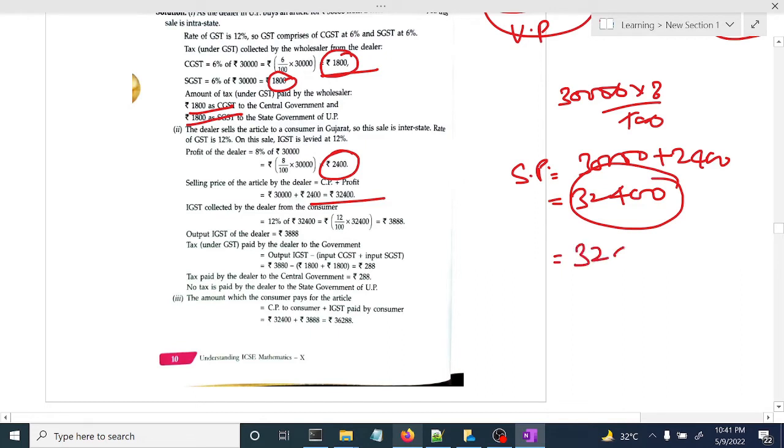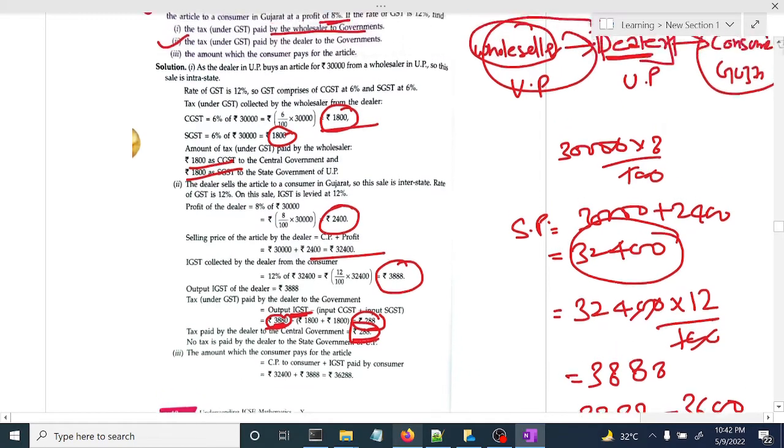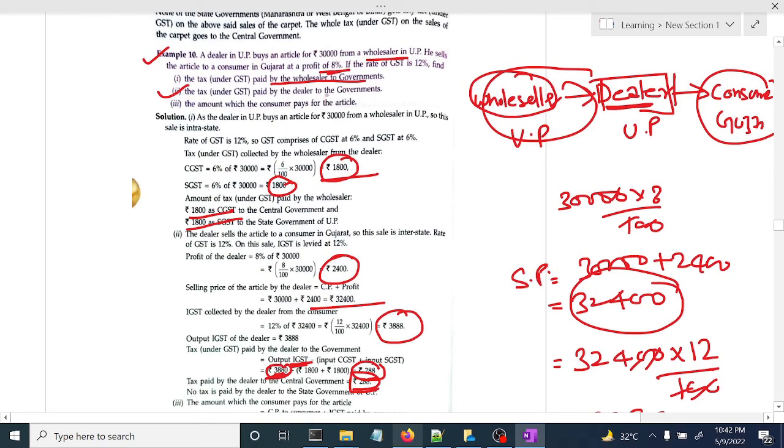On this he will pay the GST. How much? 32,400 into 12%, which is 3,888. So 3,888 is the output tax. Input tax is 3,600. So the tax paid to government is 288. It is IGST, because he is selling to a consumer in Gujarat, so it would be IGST, paid to the central government.